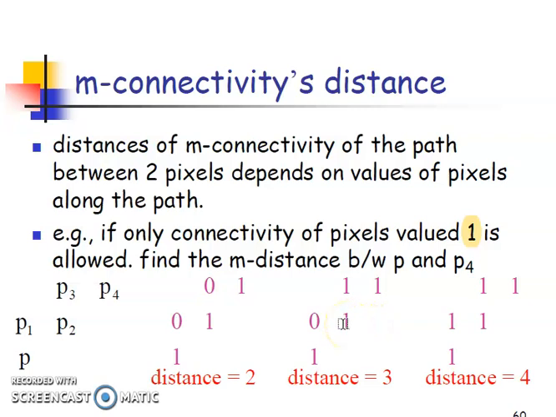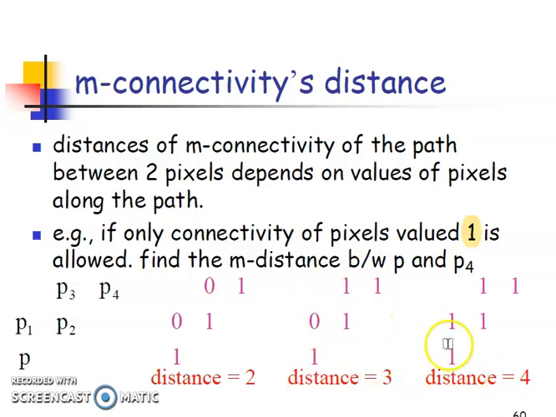But if we connect P2 with P4, then the DM or M connectivity does not exist, and that's why P2 has connectivity with P3 and P3 has connectivity with P4. That's why the distance becomes 1 unit, 2 units and 3 units. So the DM distance in this case is 3 units.